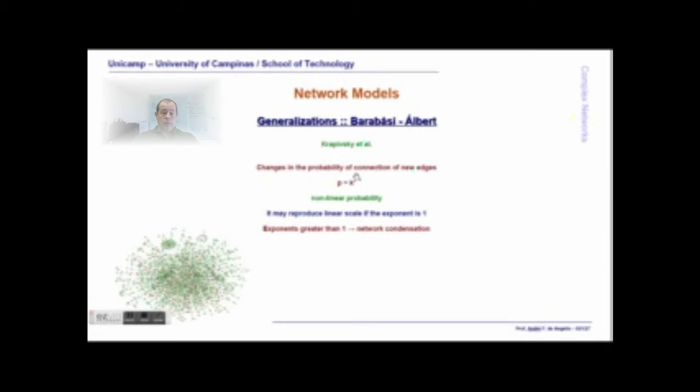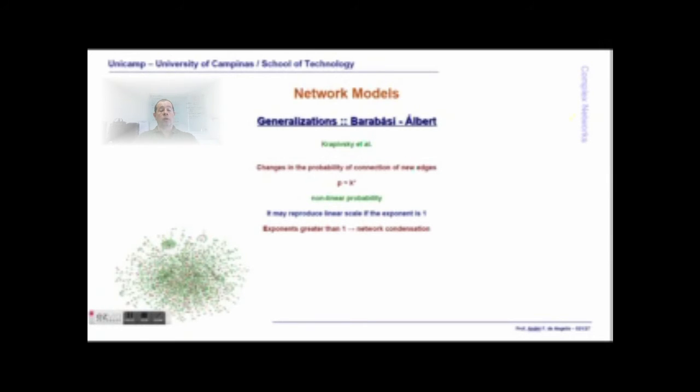And it may reproduce the linear case if we have 1 as the exponent here. If you change this exponent in this relation, we will change the condensation of the network.